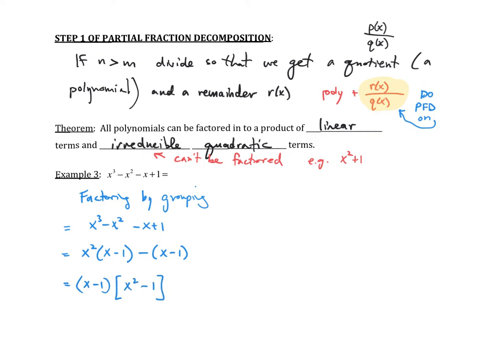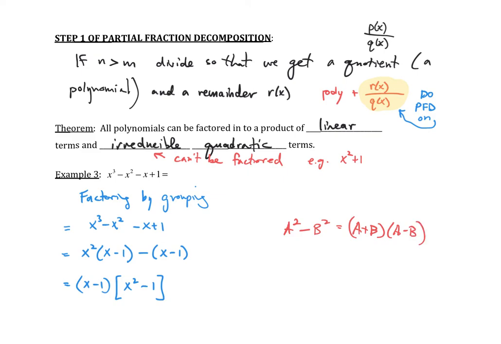Now, when you look at this inside part, this is really a difference of two squares. We know what a difference of two squares looks like: a squared minus b squared. That factors as a plus b times a minus b.